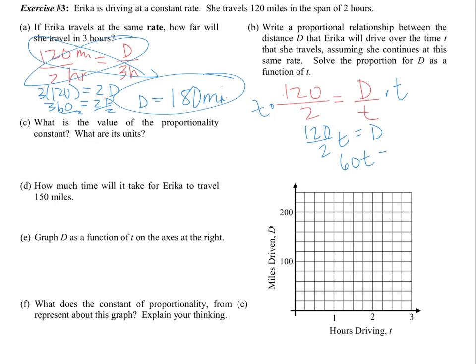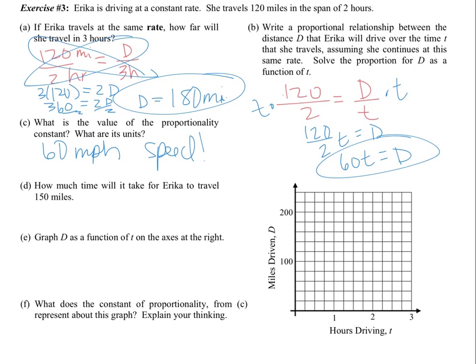So 60 times time equals the distance. What is the value of this proportionality constant? What are its units? Well, it's 60 miles per hour. It's their speed, how fast they are traveling.